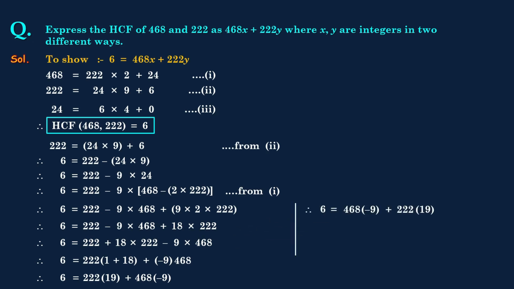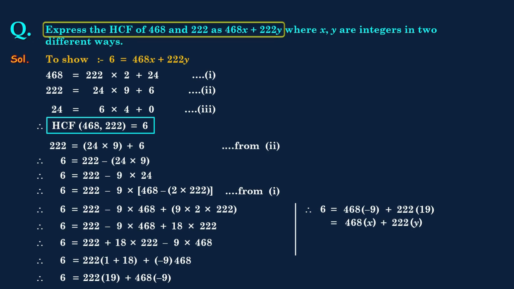Now if we rearrange it, then 468 into minus 9 plus 222 into 19. Now we can clearly see that it is in the form of 468x plus 222y, where x value is minus 9 over here and y value is 19.